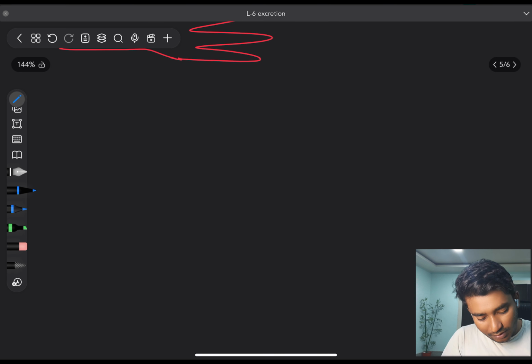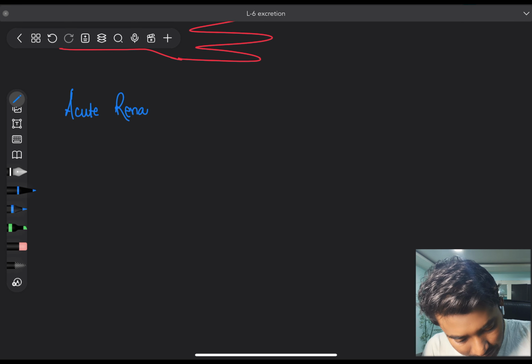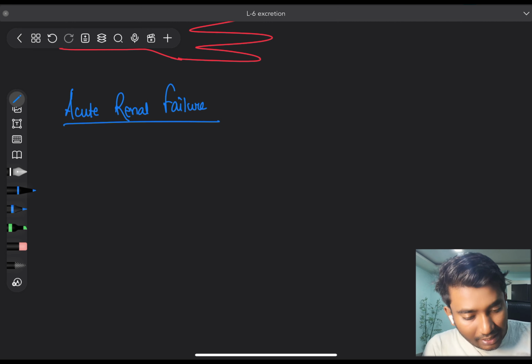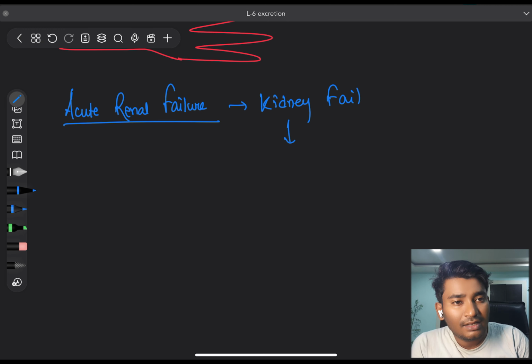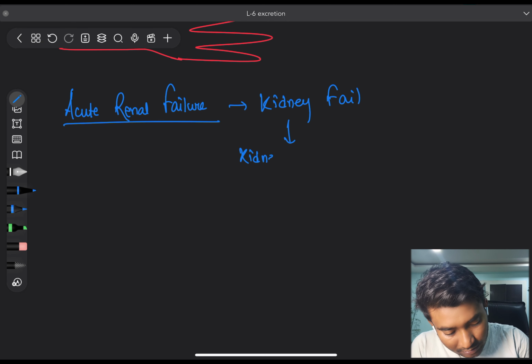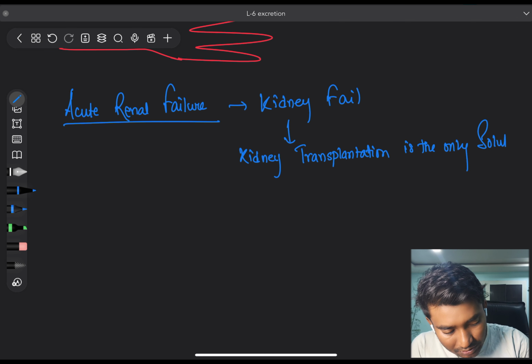Now, acute renal failure is also called kidney failure. Kidney transplantation is the only solution.